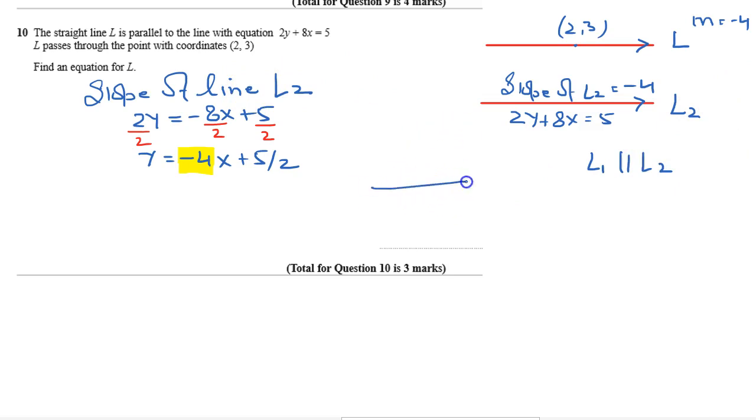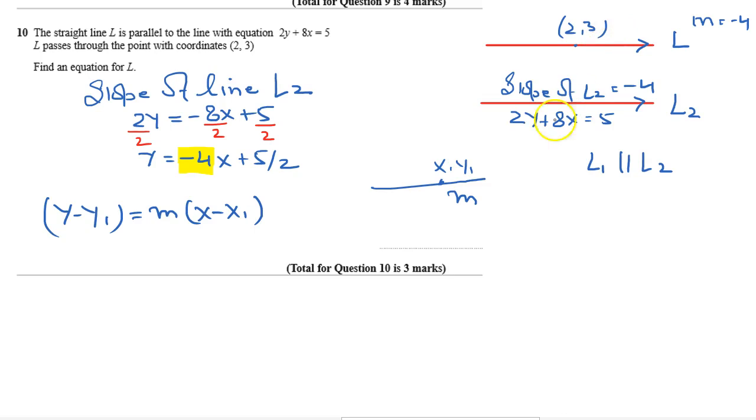Now the equation of a line having slope m and passing through (x1, y1), we know the formula is y2 minus y1 is equal to m times (x2 minus x1). That is for two points. We have just 1 point, so the formula will be y minus y1 is equal to m times (x minus x1).